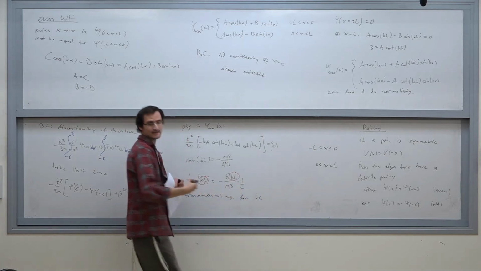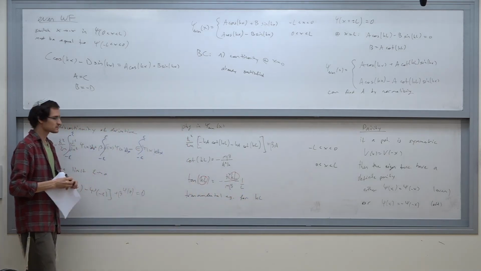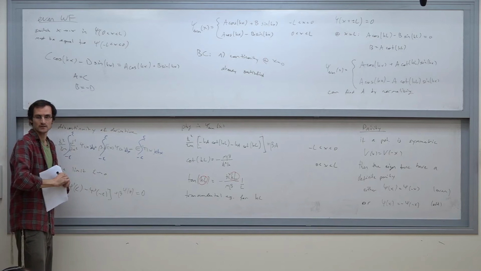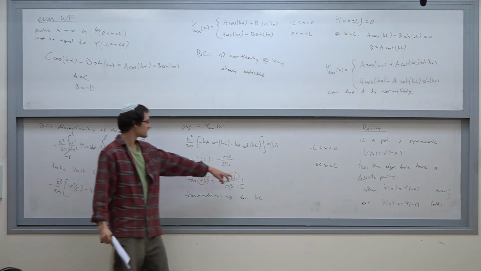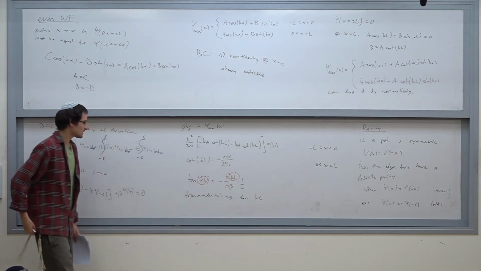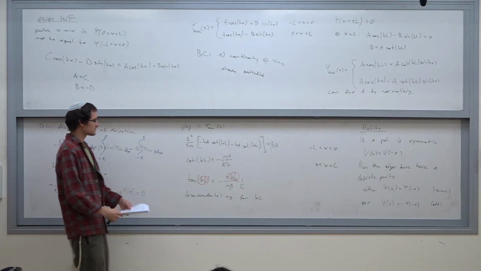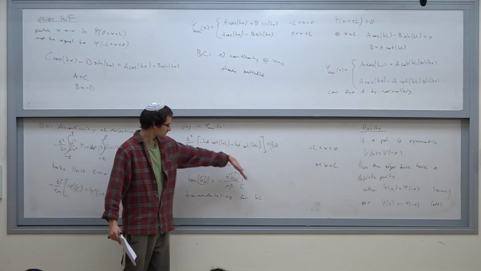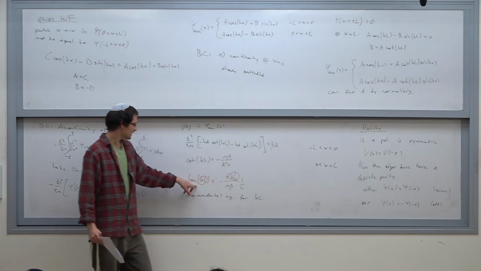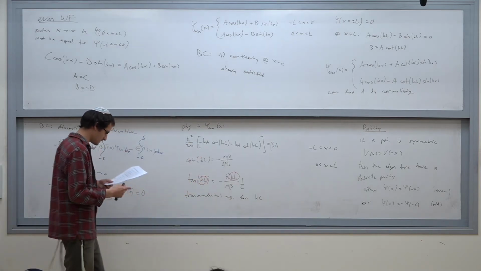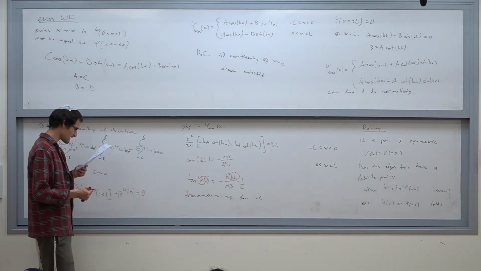We treat kl as a variable, set kl equals theta if you must, and then analyze, draw this function, which is quite easy. It's just a negative line and a tangent, and you can find the eigenenergies by solving it graphically.